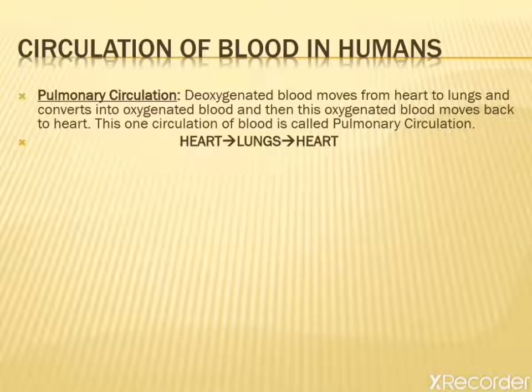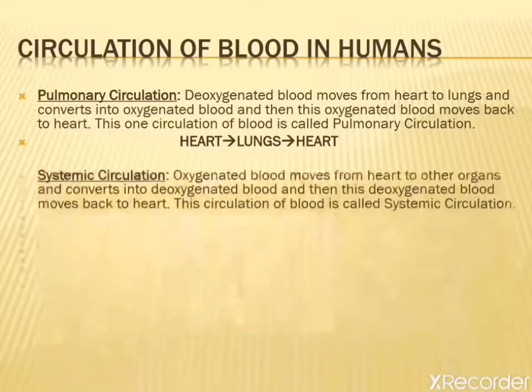The deoxygenated blood is sent from heart through the pulmonary artery to lungs for purification or oxygenation. After oxygenation, the oxygenated blood or the pure blood passes from lungs back to heart through the pulmonary vein.